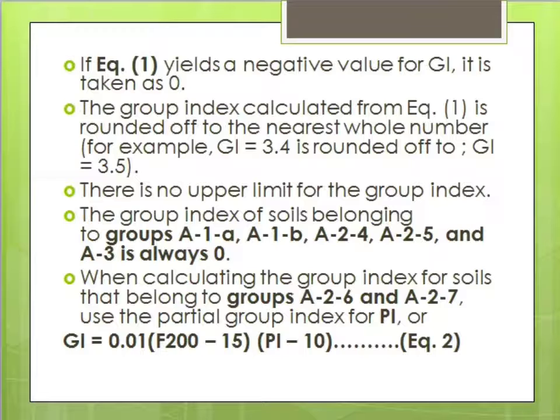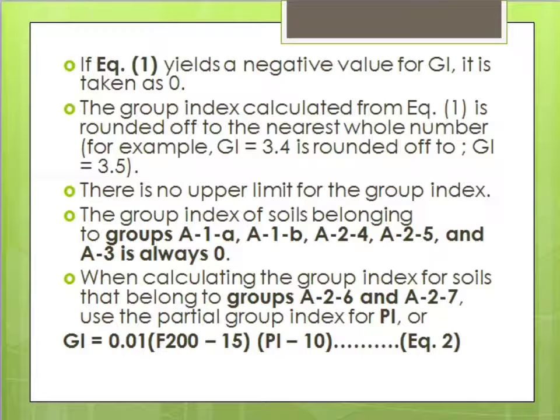For example, group index equal to 3.4 is rounded off to 3. There is no upper limit for the group index. The group index of soils belonging to groups A-1-a, A-1-b, A-2-4, A-2-5, and A-3 is always 0.